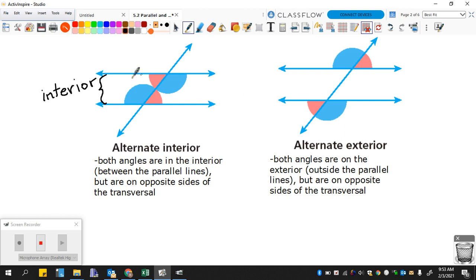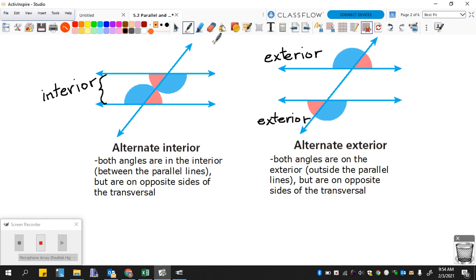And if it's not on the interior, it's going to be on the outside or the exterior. So we have an exterior above one line and also below the line. If the angles are not between the parallel lines, then they're on the exterior.